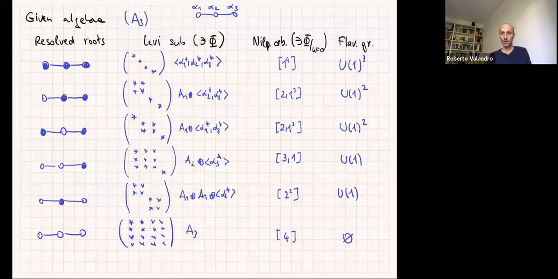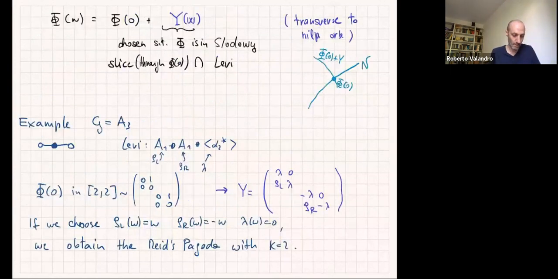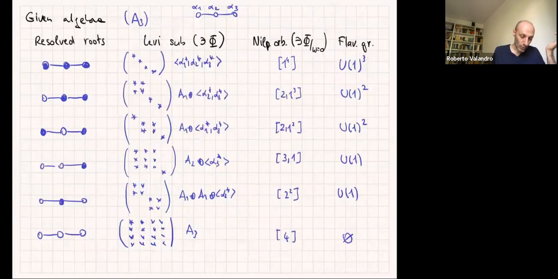Okay. So this table is there for any Lie algebra. If we want to construct some manifold with some properties, we can just come here and proceed. Now, what we should do is basically choose a flop that we want.